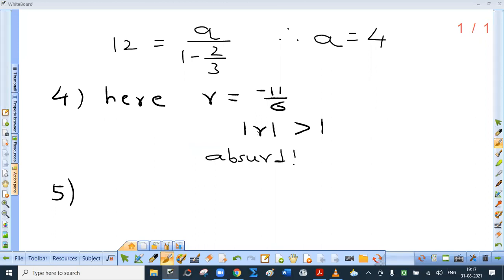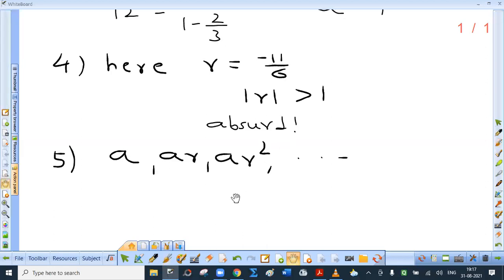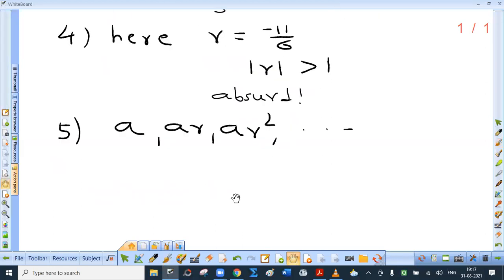Then this GP is a, ar, ar square, and so on.